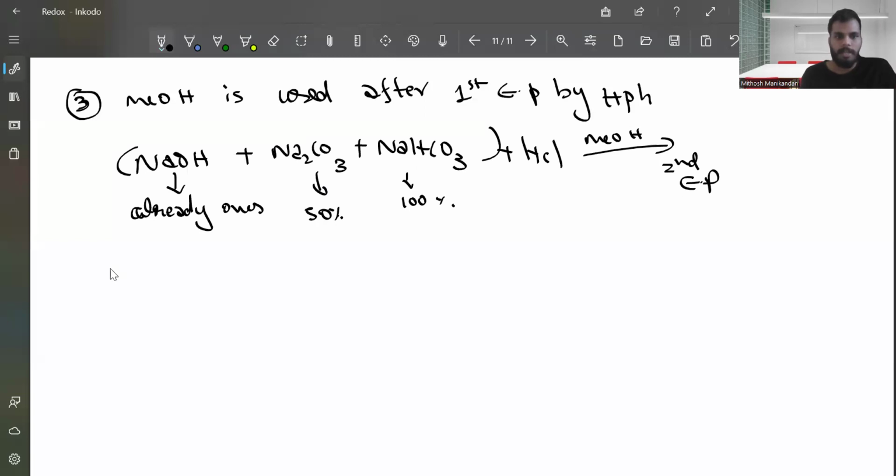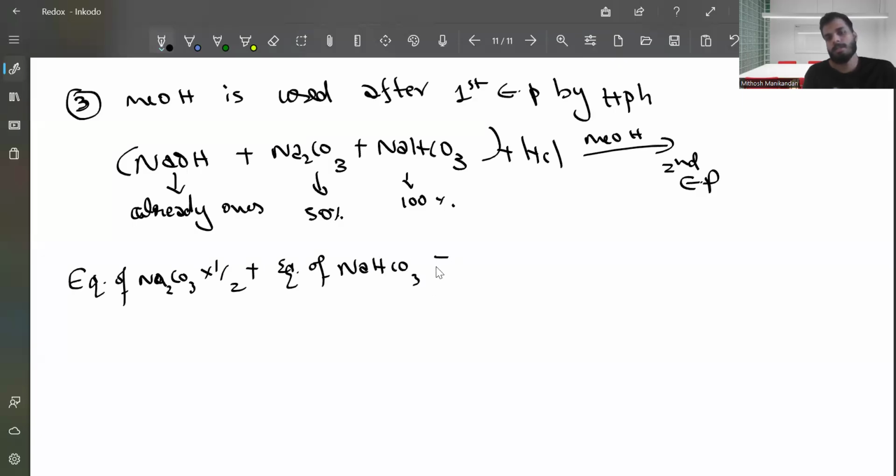So then we calculate: equivalence of Na2CO3 multiplied by 1/2 plus equivalence of NaHCO3 equal to equivalence of HCl. Correct?